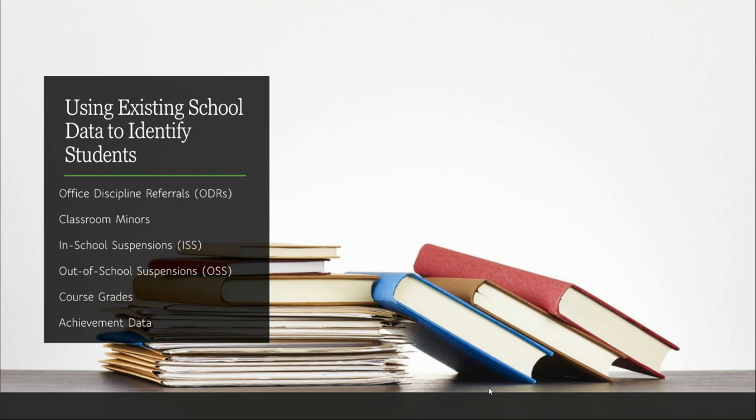So when we think about some examples of existing school data that we are already collecting and that can be used to identify students who are at risk and may need tier two interventions, some of that data includes those office discipline referrals. So we're looking at the number of referrals, when they're getting those referrals. We can look at classroom minors, those logs that our teachers, that our tier one team has put in place to help track what's happening and those behaviors that are happening in the classroom.